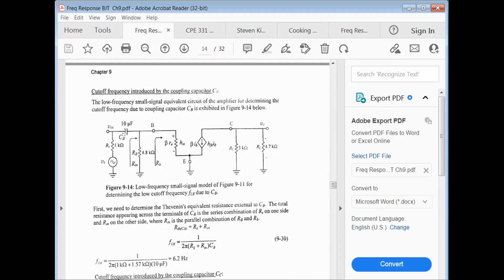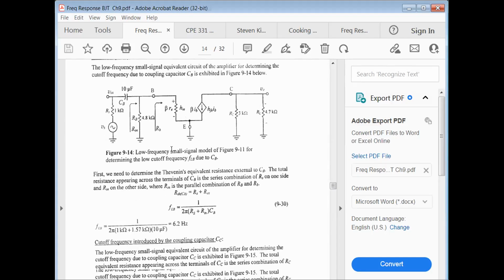So here's the cutoff frequency introduced by your coupling capacitor C sub B, this guy right here. When we have multiple capacitors in the circuit, we want to find the pole associated with this capacitor here. We actually short out the other 2 capacitors and then find the equivalent resistance seen across the terminals of this capacitor, C sub B. In this case, it will be RS plus RN.